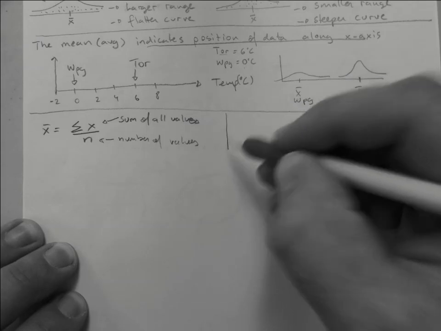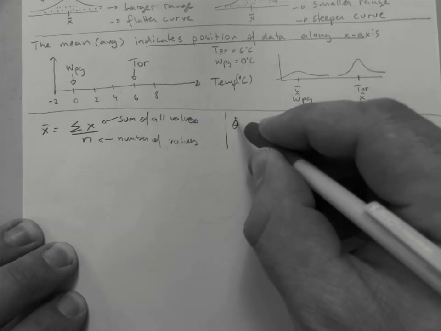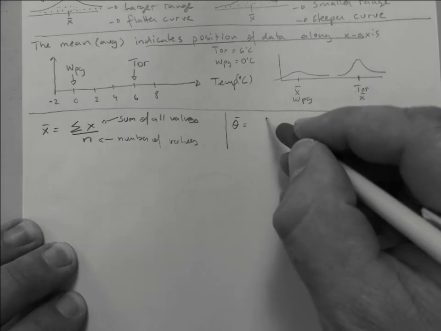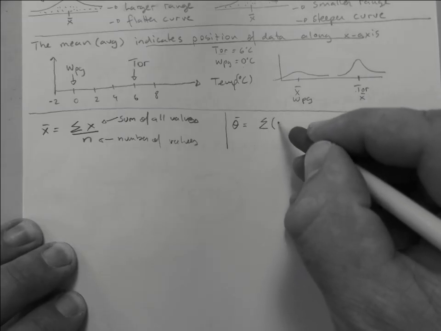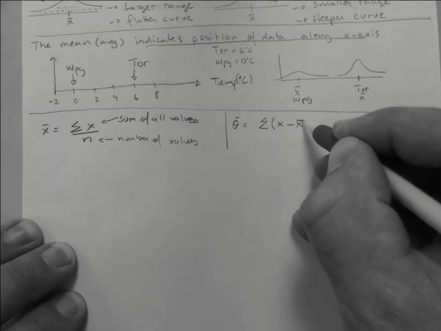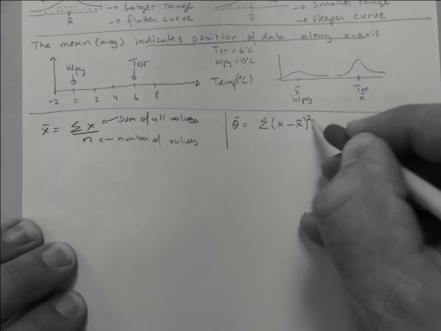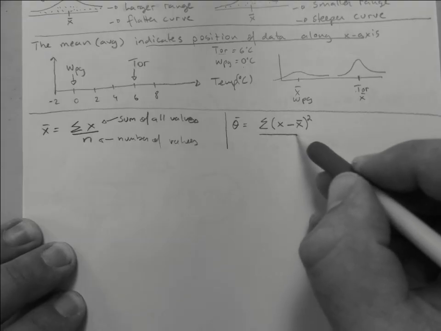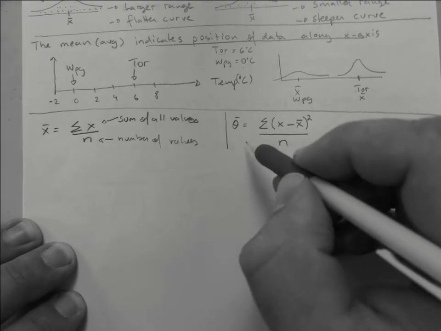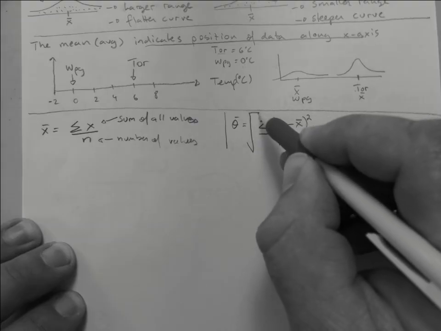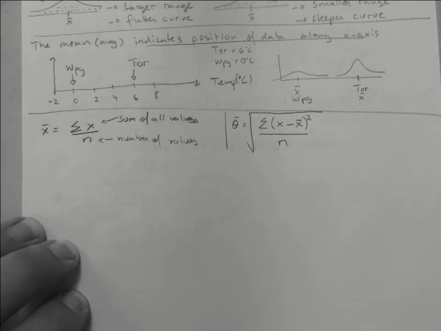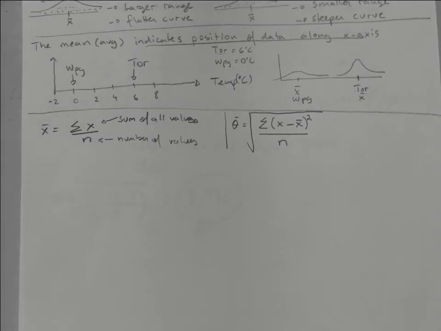And then standard deviation, the formula is the sum of x minus x bar squared, divided by n, and then a big square root over top of all of that. Basically make a roof over top of that structure. Okay?